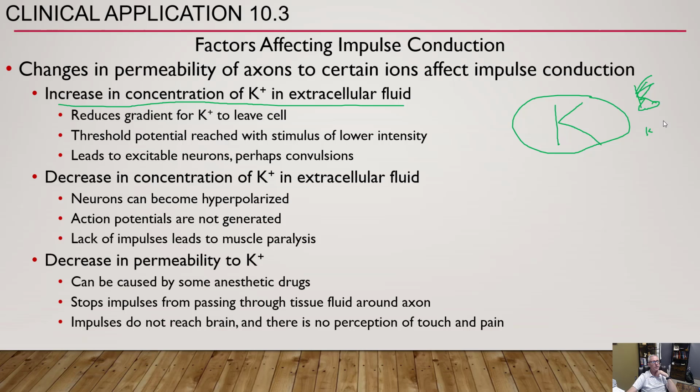So if we have a higher concentration of potassium in the extracellular fluid, that decreases the concentration gradient, so not much potassium actually leaves the cell. Threshold is then reached with a lower intensity, so your neurons are more excitable. And that can lead to convulsions.